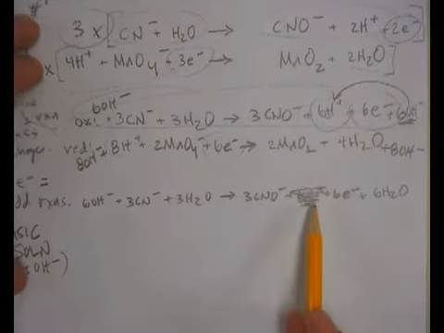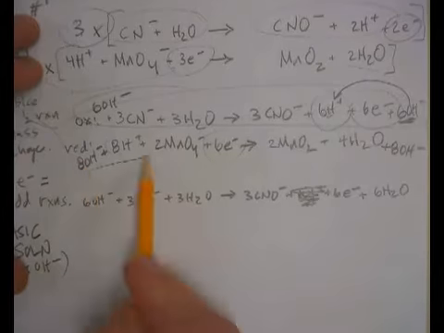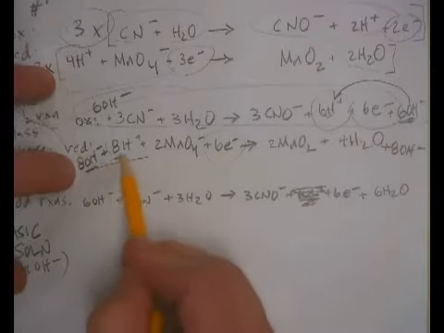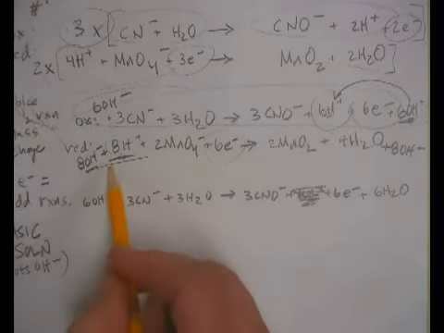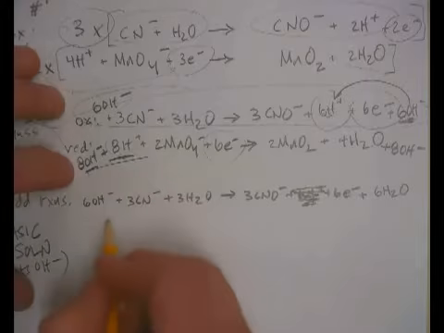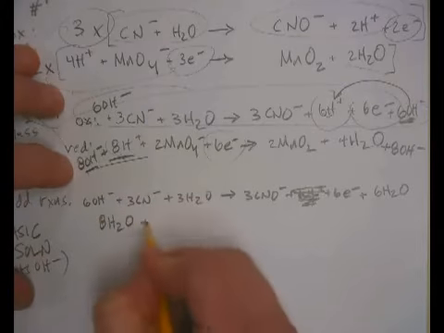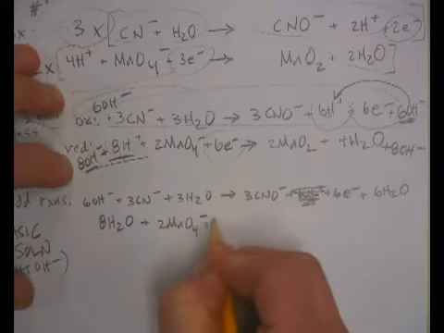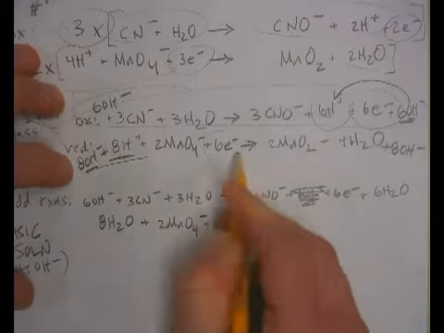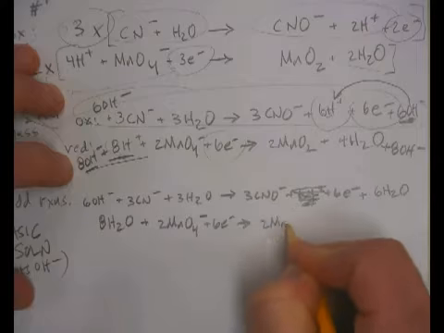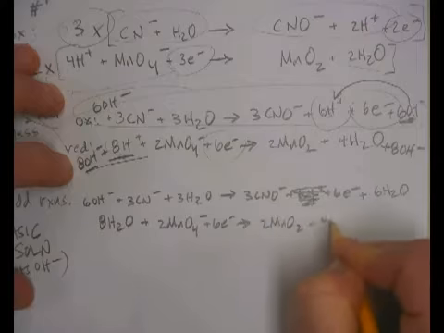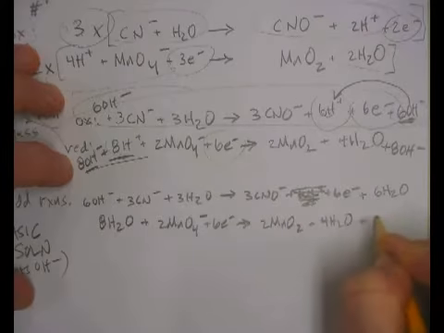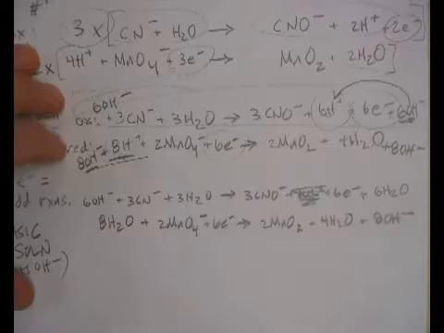Okay, now I'm going to do the same thing down here, except for the 8 OH minus and 8 H pluses. I'm not going to bother writing it and crossing it out this time. I'm just going to write it right away as 8 H2Os plus 2 MnO4 minuses plus 6 electrons, arrow 2 MnO2 plus 4 H2O plus my 8 OH minuses.